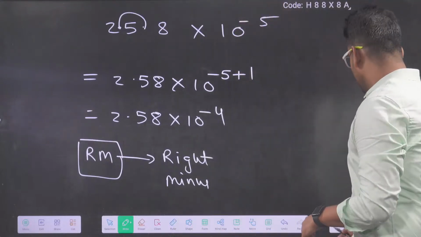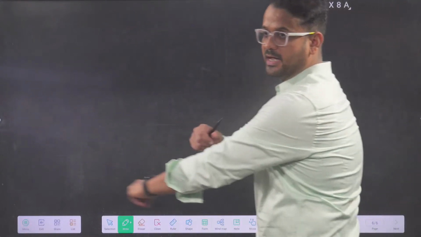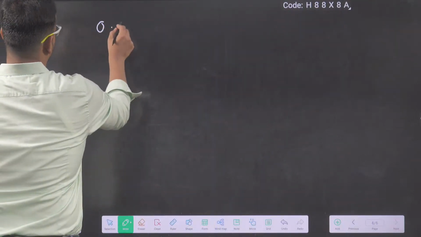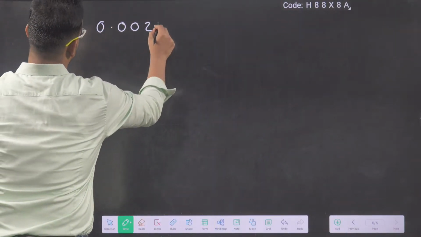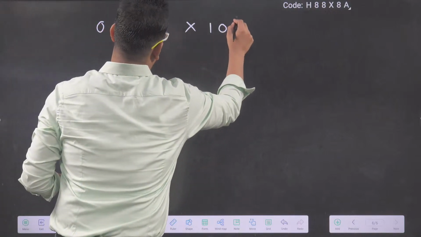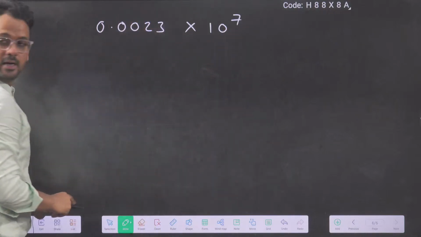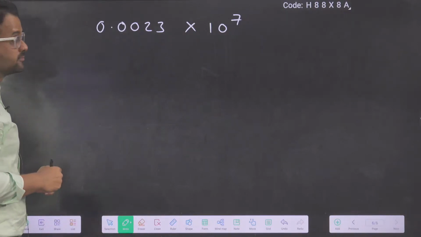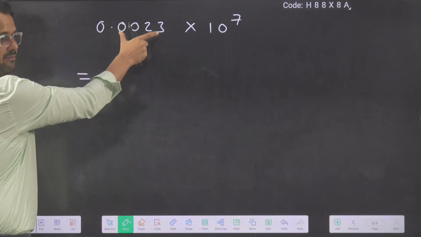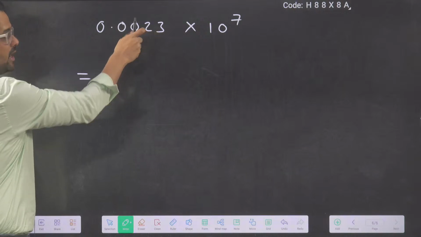Suppose I tell you, boys and girls, 0.0023 into 10 to the power 7. Write this in scientific notation. This number should be between 1 and 10. That is the idea.